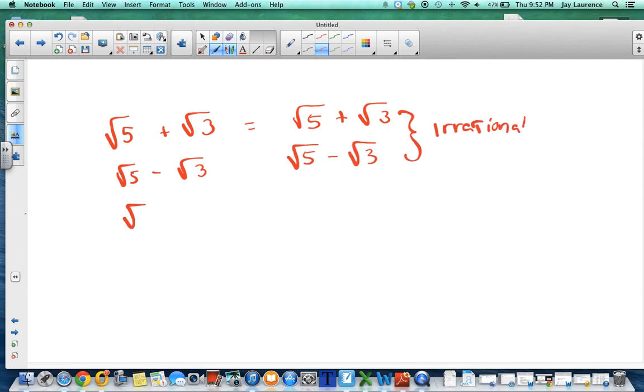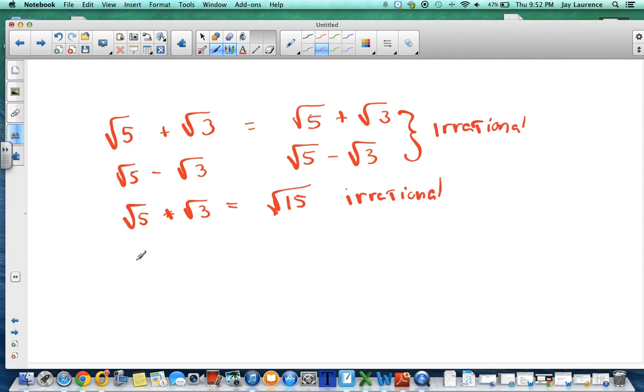If I had the square root of 5 times the square root of 3, that would equal the square root of 15, right? But 15 is not a perfect square. Later on in the year, you'll learn how to simplify this a little bit, but for right now, we'll just leave it as the square root of 15. Actually, this won't simplify, but other products will. Square root of 15 is irrational.